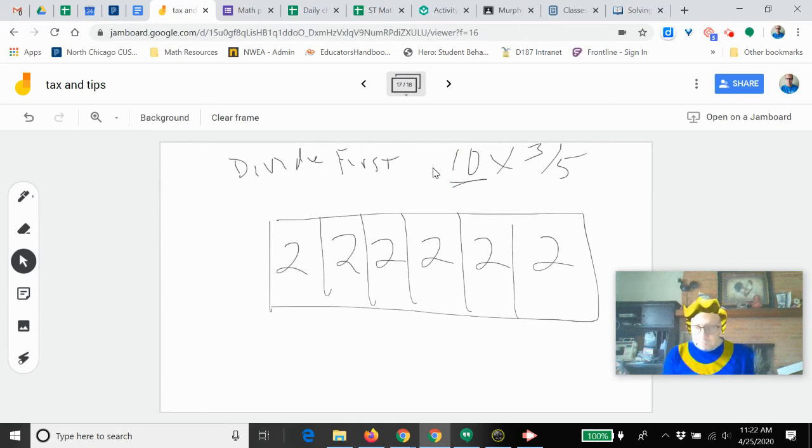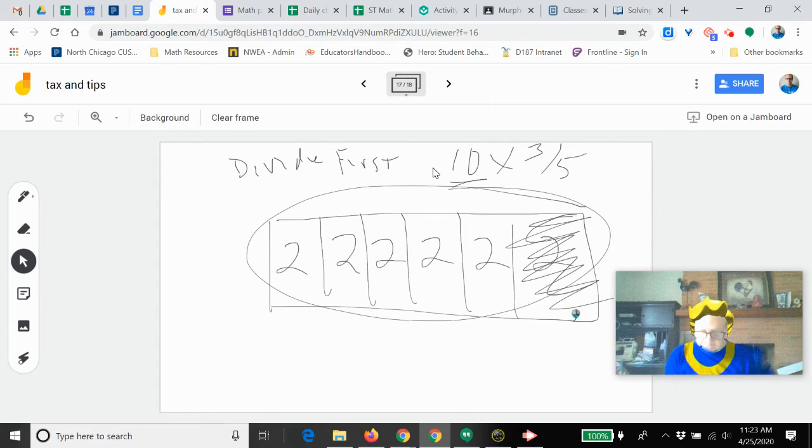Here's my 10, and I can divide it into 5 equal pieces, 2, 4, 6, 8, 10, and then keep 3 of those. 2 plus 2 plus 2 is 6. Okay, so that's the other way of multiplying.